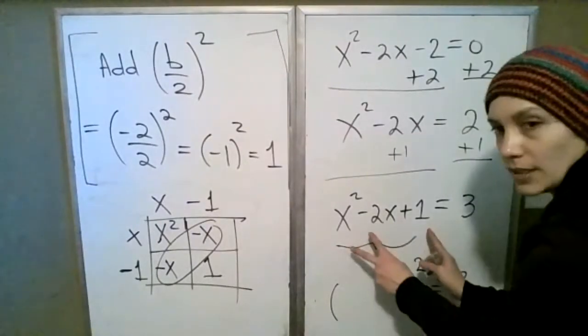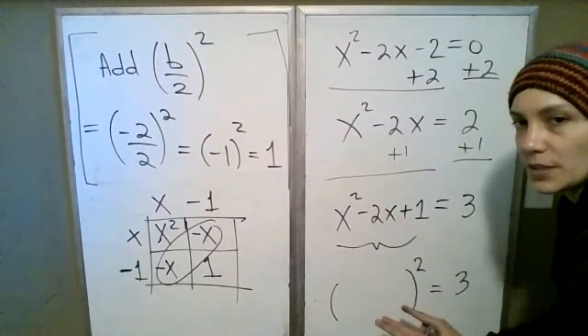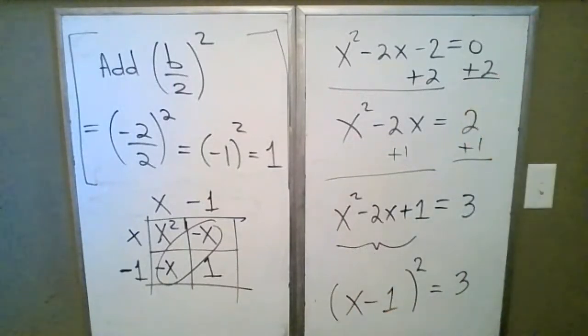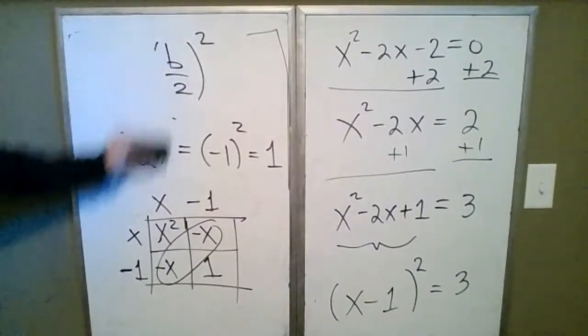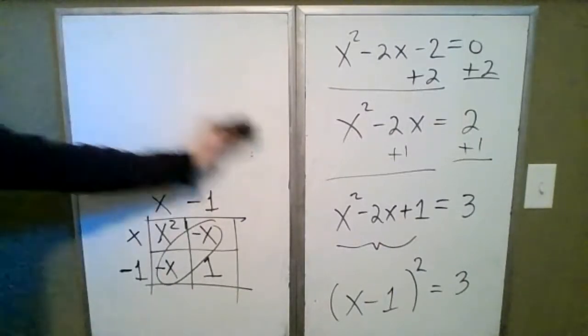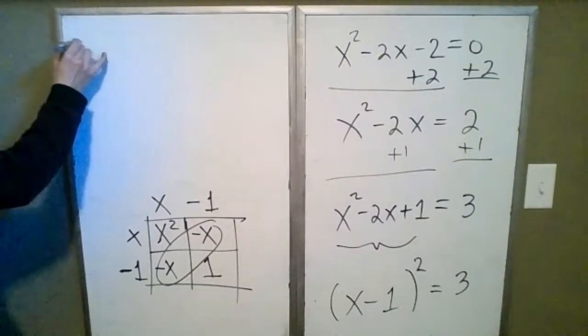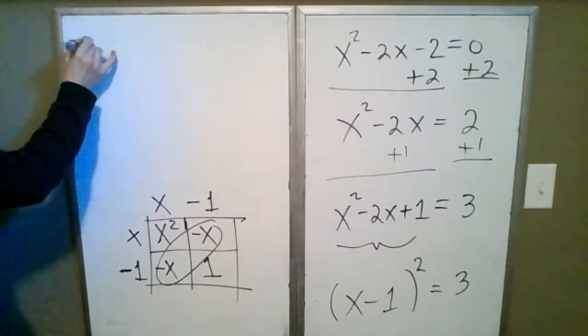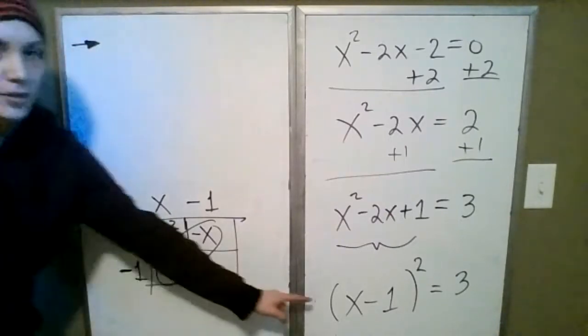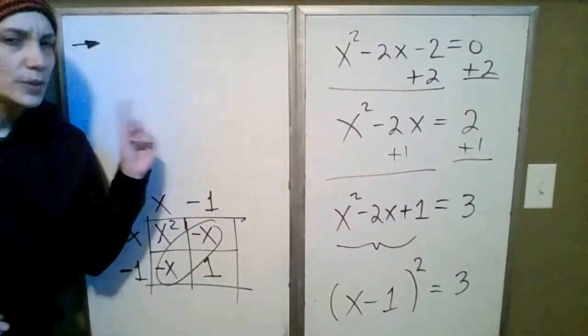So we can take all these terms and write them as x minus 1 squared. Okay, so from here over to here, we square root both sides.